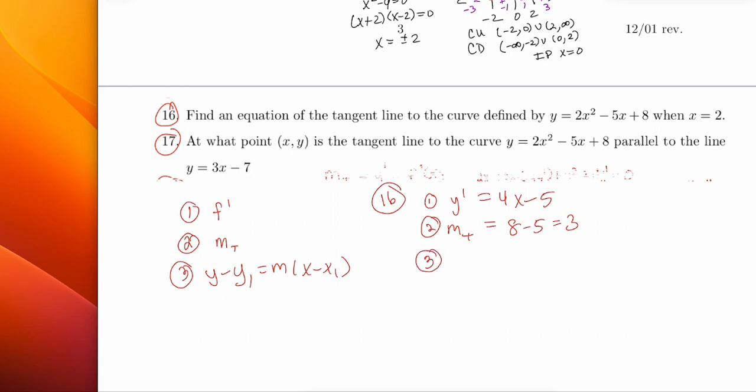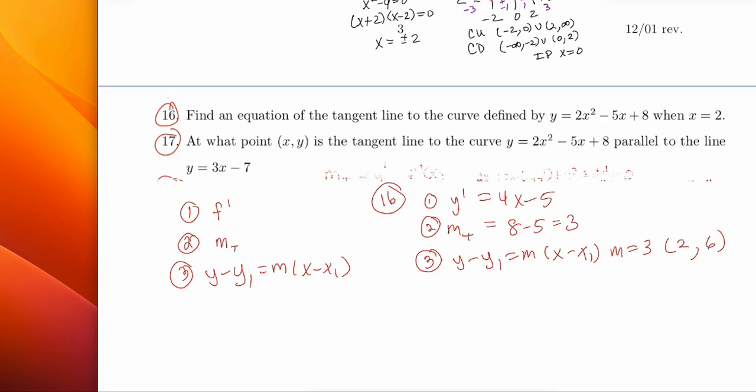Now, for step 3, we have to plug a point and a slope into y minus y1 equals m times x minus x1. Now, we already know the slope is 3. We know the x value is 2, but don't be fooled. We actually have a little bit of work to do. If you plug in 2, you get 8 minus 10 plus 8, which is 6.